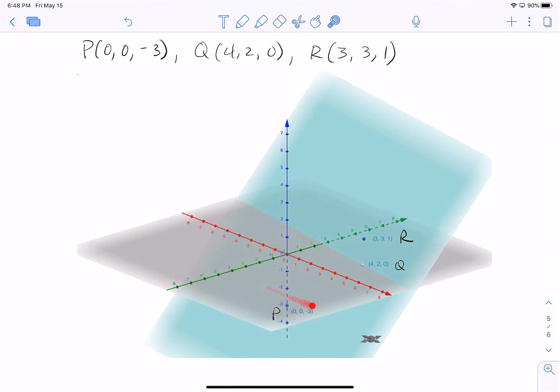And I used GeoGebra 3D. There's a link on my website or in modules. The red axis has an arrow pointing kind of towards the right, but the back side of that axis doesn't have an arrow. The green axis has an arrow pointing very much to the right, and the blue axis is pointing up.